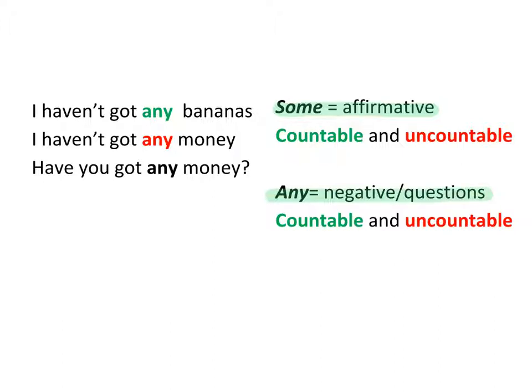For example, I haven't got any bananas. I haven't got any money. Have you got any money? We use any with both countable and uncountable nouns.